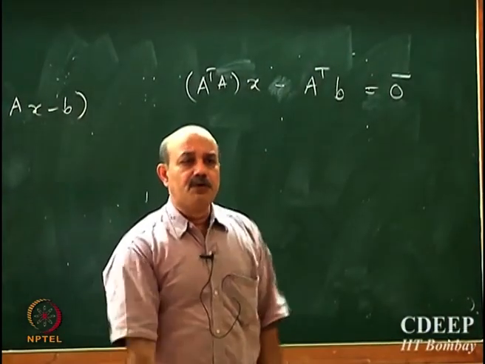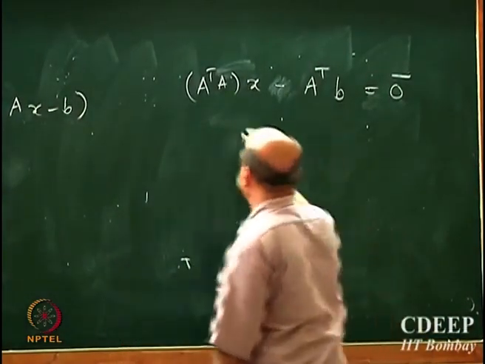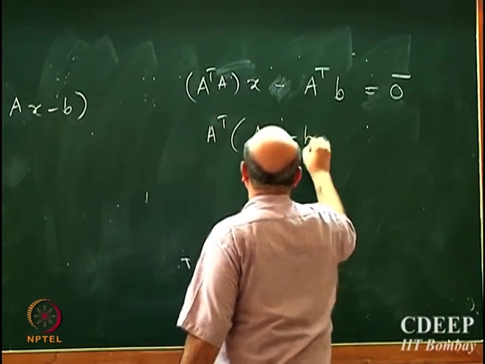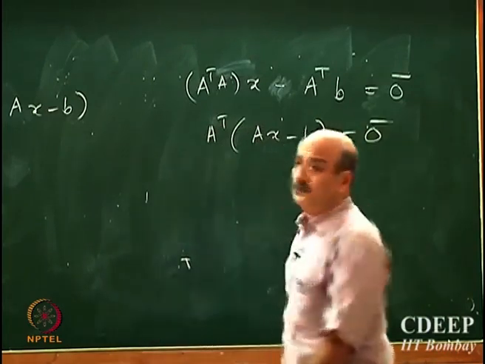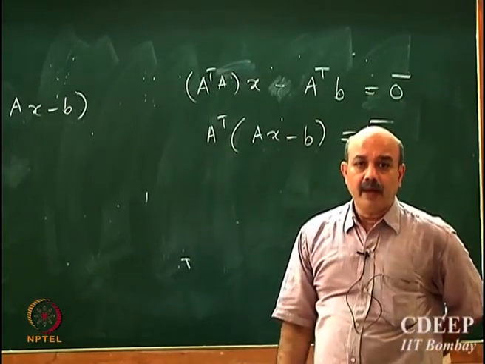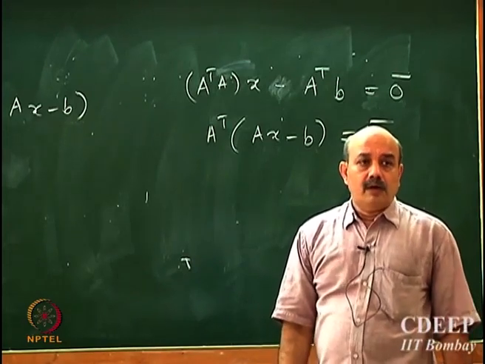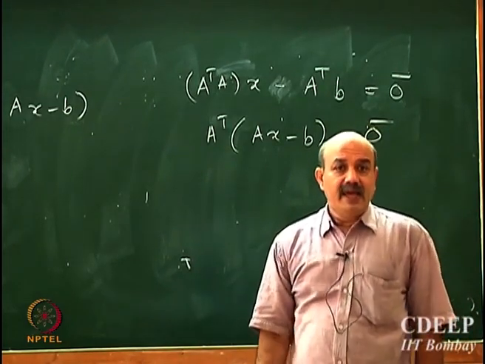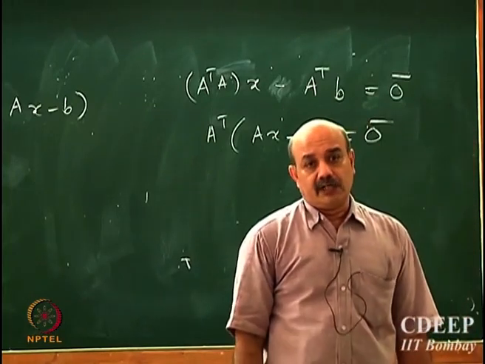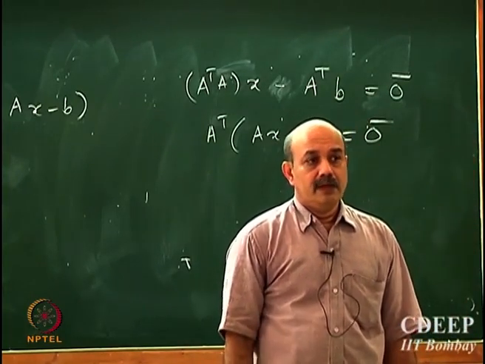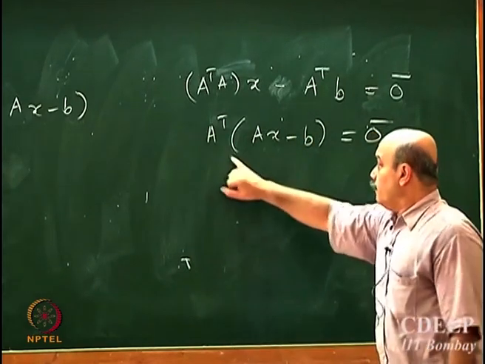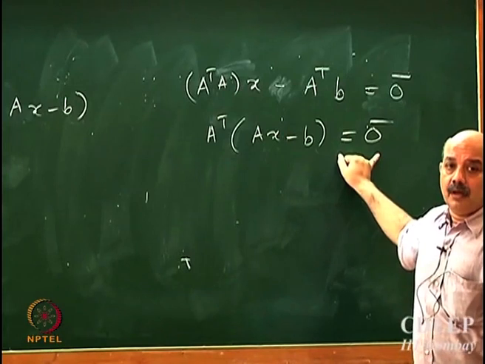I just want to show that this is the same as A transpose (Ax minus B) equal to 0. Now if matrix A is non-singular, when will this be equal to 0?